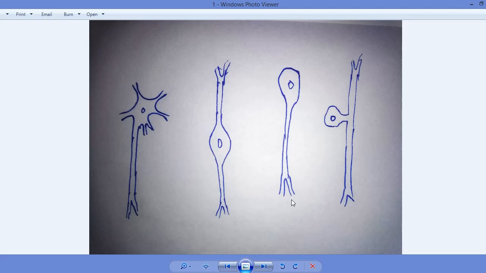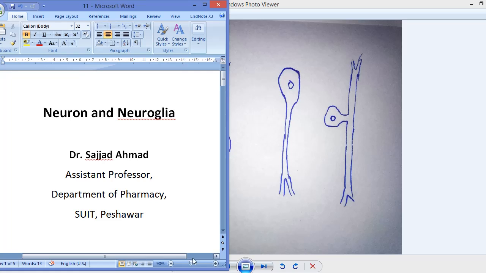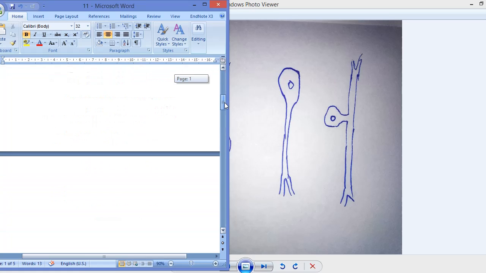In the diagram, we can see that there are four basic types of neurons which are present in the central and peripheral nervous system. These neurons are unipolar neuron, bipolar neuron, multipolar neuron, and pseudo-unipolar neuron. I'm going to write it over here.